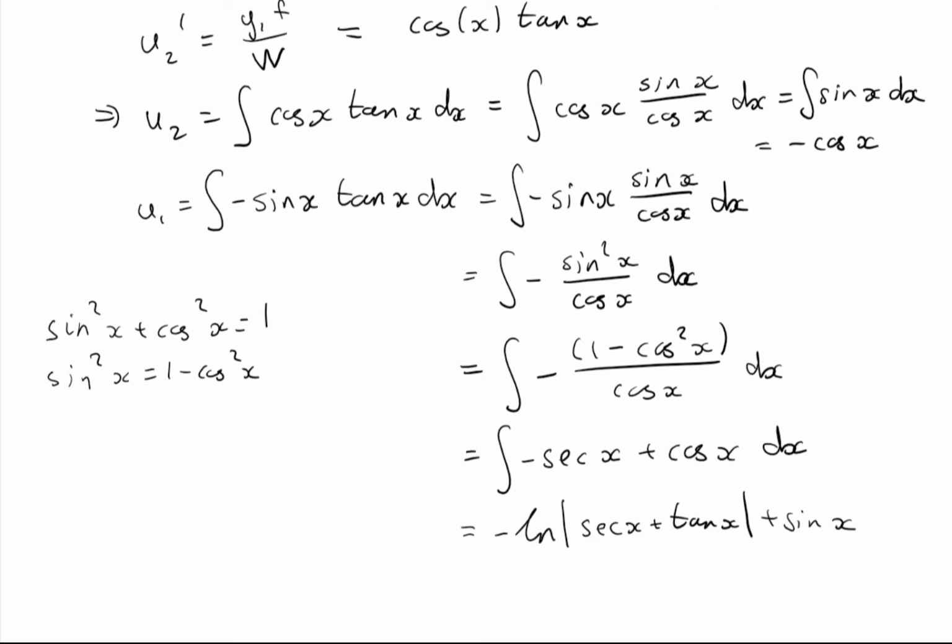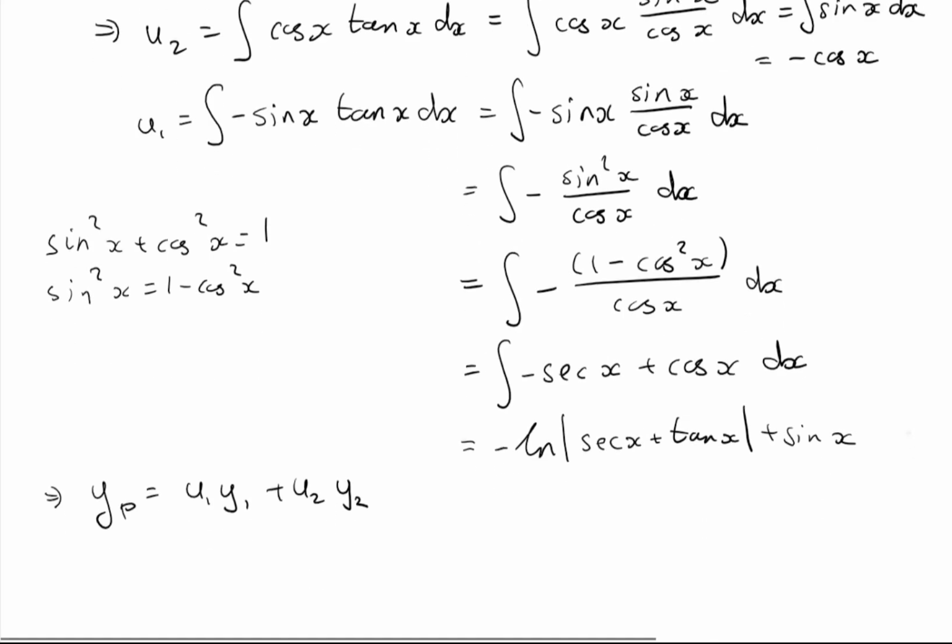Okay, so now I know the particular solution. Yp was u1 y1 plus u2 y2, so that is equal to minus log absolute value sec x plus tan x plus sine x times y1.